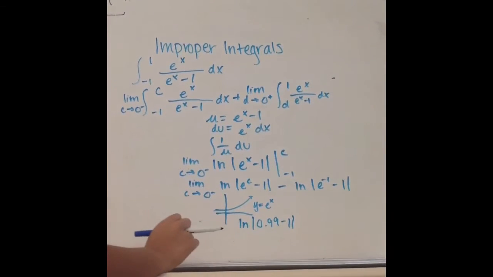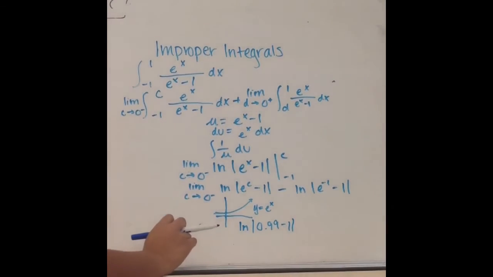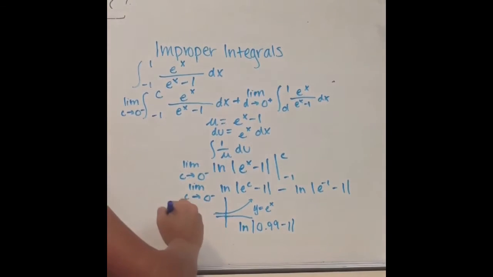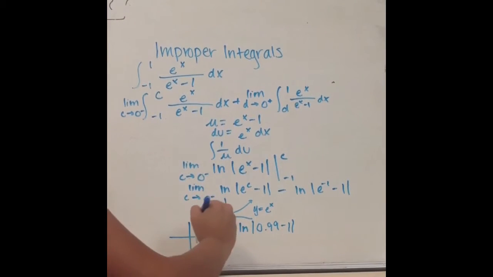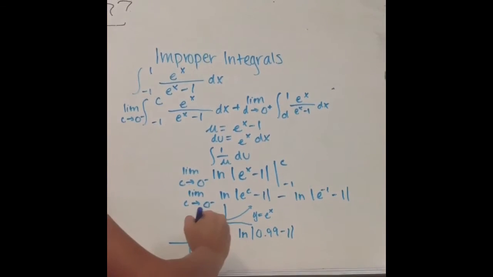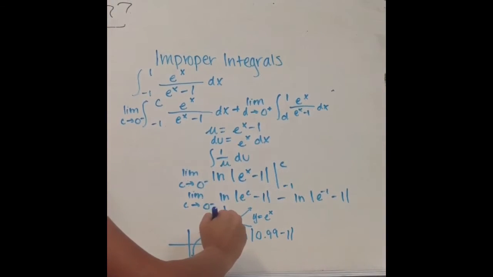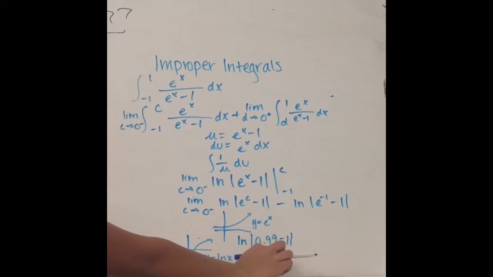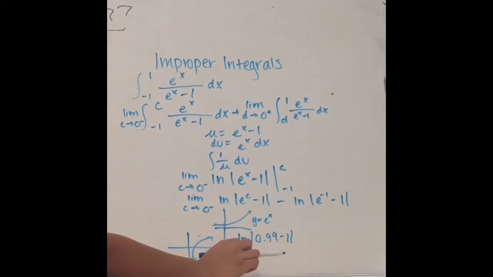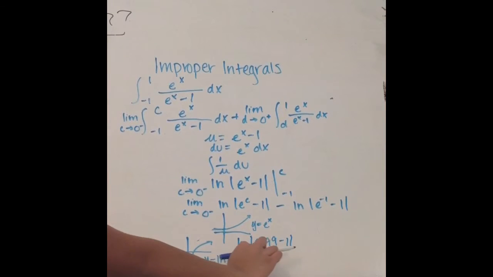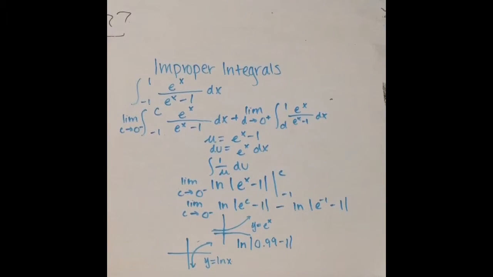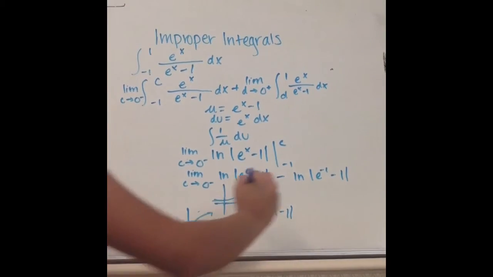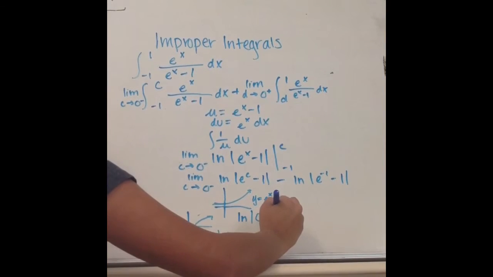After that, we have to look at the graph of ln of x. The graph of ln of x looks like this. Y equals ln of x. So this is going to be a very, very small positive value because we're taking the absolute value. This positive value we could just pretend is 0.01.